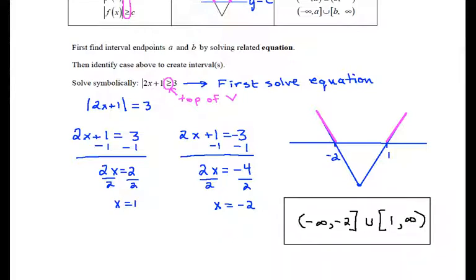So remember that it is not a strictly symbolic process that gets us all the way to the solution set. The process of finding the solutions to the equation is pretty symbolic, but we're not done at that point. We still have some thinking to do in order to solve an inequality.